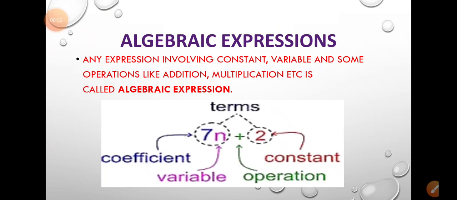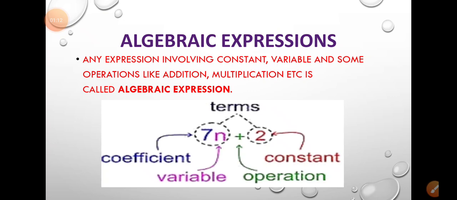First of all, we should know what is an algebraic expression. We have studied in our 7th class also about algebraic expressions. Any expression involving constants, variables and some operations like addition, multiplication, division, subtraction, etc. is known as an algebraic expression.